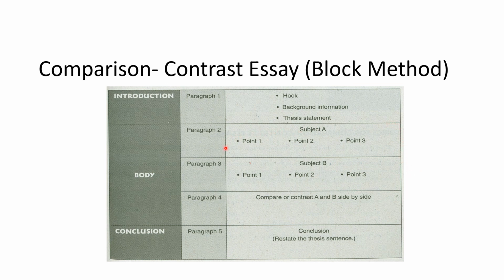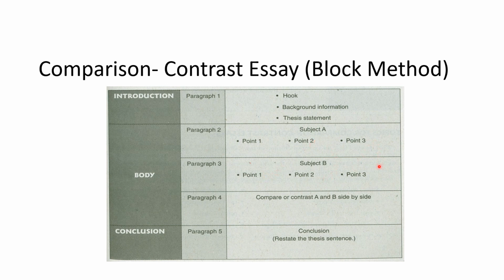In paragraph 2, your focus is subject A or subject 1. You will mention here characteristic number 1, characteristic 2, characteristic 3. In paragraph 3, your focus will shift to subject B or subject number 2. You will likewise discuss the same characteristics.